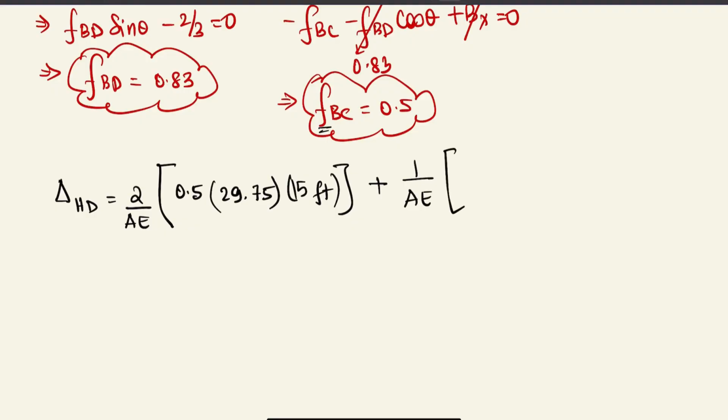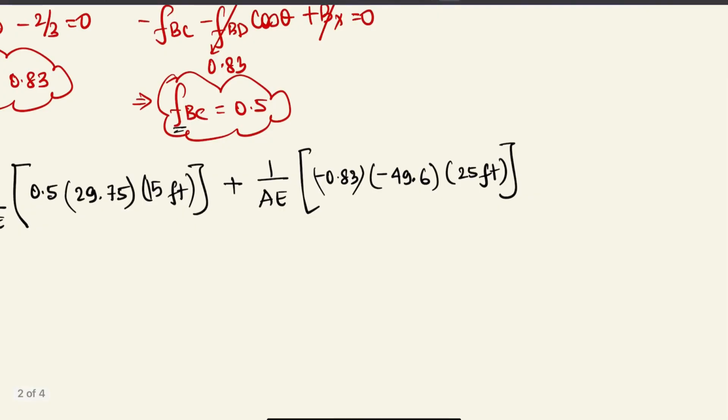AD is minus 0.83 and 49.59 or 0.56, and then this is 25 feet, and then we have plus 1 over AE, 0.83, this is for BD, and then we have minus 2.91 into 25.